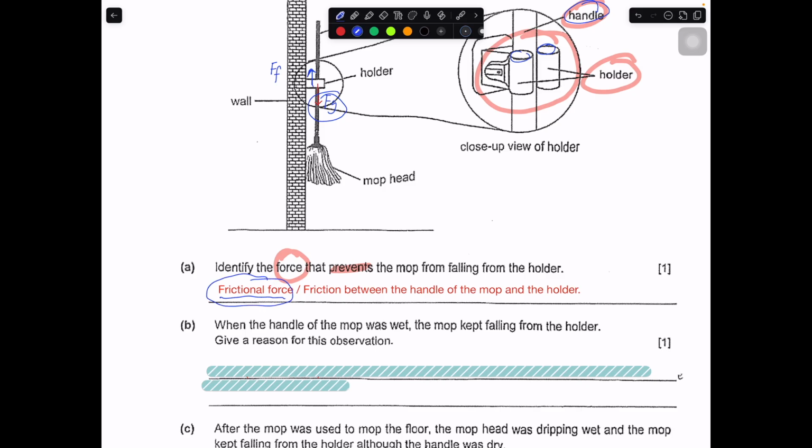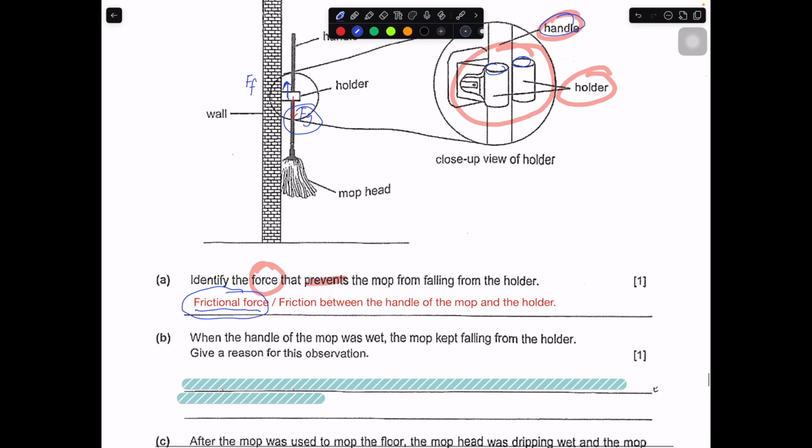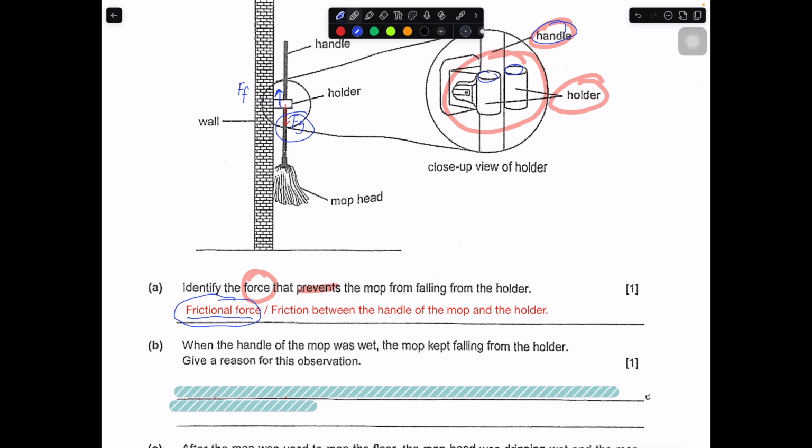When the handle of the mop was wet, the mop kept falling off from the handle. So they're trying to say there is some water over here, and then the mop keeps falling down. In this case, the water must have somehow affected the frictional force.